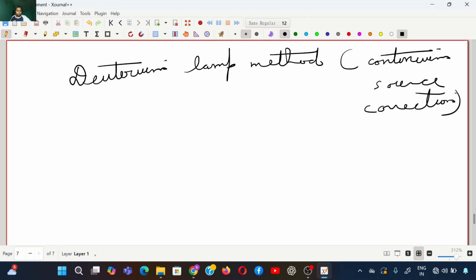This broad radiation makes it possible to measure and separate the background absorption accurately, for the problem of this background absorption.